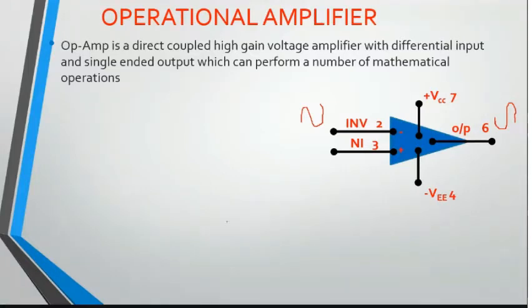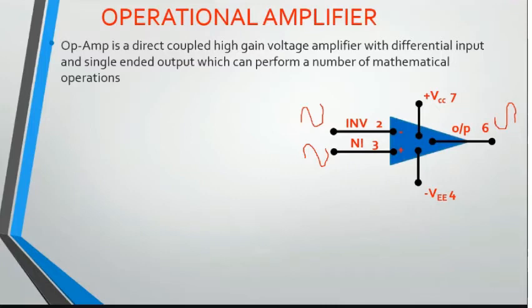Similarly, if I give the signal at terminal number 3, or pin number 3, what is written there? It is written NI. NI means non-inverting terminal. So instead of pin number 2, if I give the signal here, what will happen at the output?